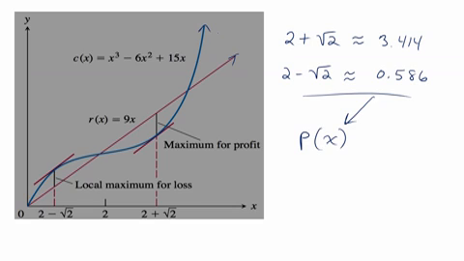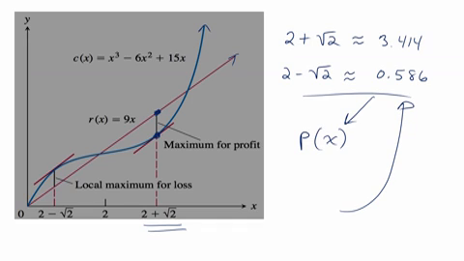So now let's take a look at what's going on with these two graphs at these two values. Look here at 2 plus the square root of 2. Here we can see that at x equals 2 plus the square root of 2, the revenue function value, the money coming in, is much larger than the cost function value, money going out.